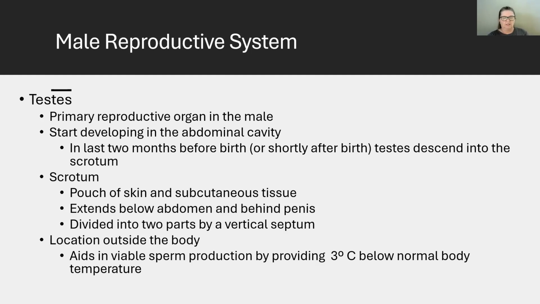Sperm cannot survive very well in warm temperatures.